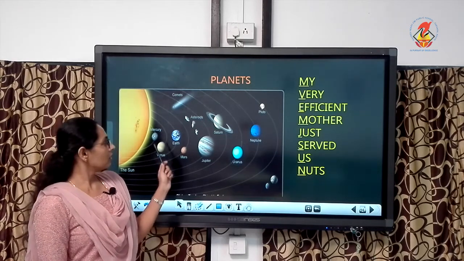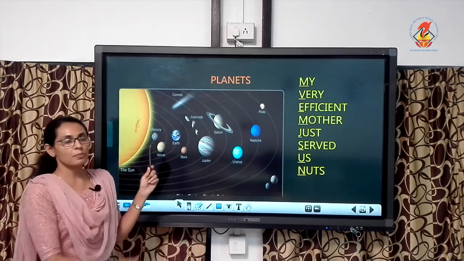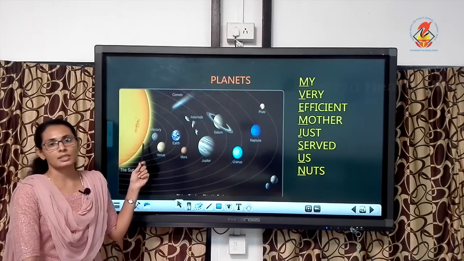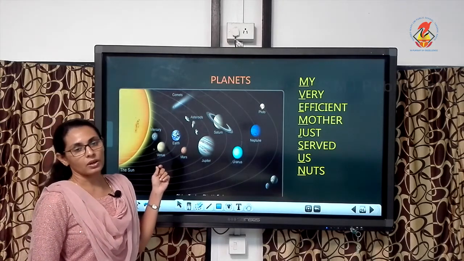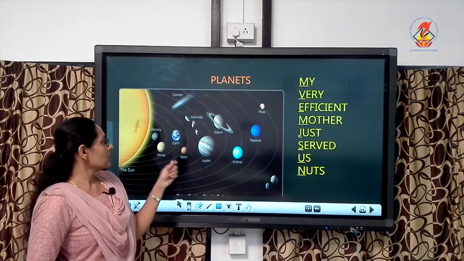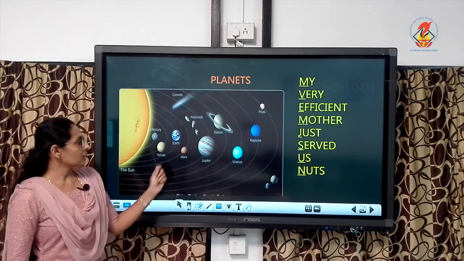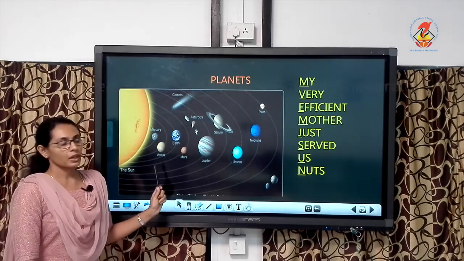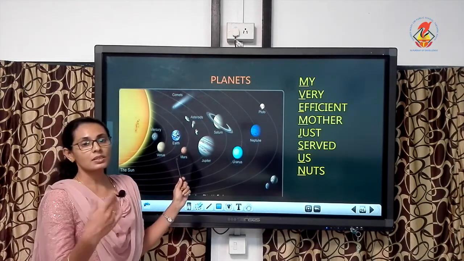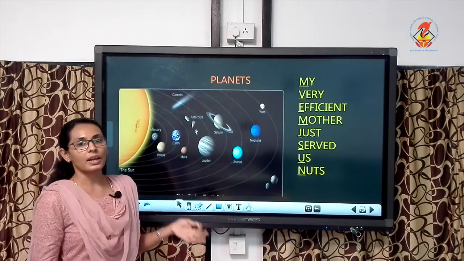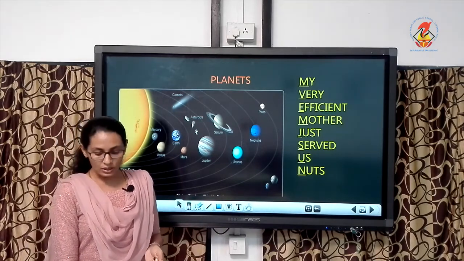And the first nearest planet is Mercury. Mercury is known as the nearest planet, and Venus and Earth look the same. So Venus is known as Earth's twin because it looks like Earth.